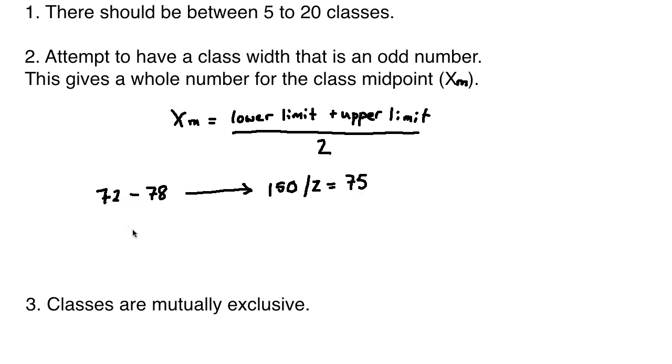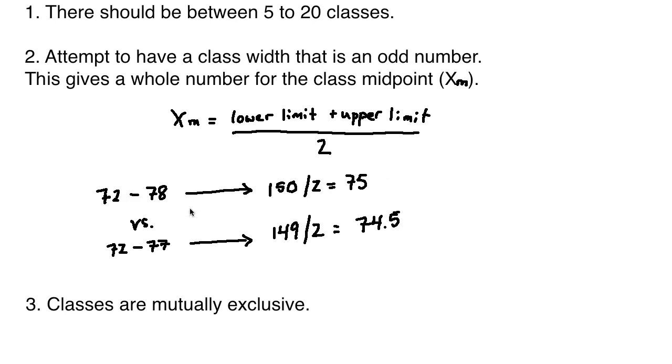Okay, now let's say instead that I did something like 72 through 77. If I went to solve for that one, I would get 149 divided by 2. And that's not going to give me a whole integer number. That makes 74.5 the midpoint of that class limit. Okay, so again, you want a width that is an odd number.